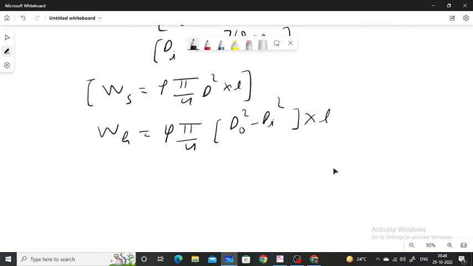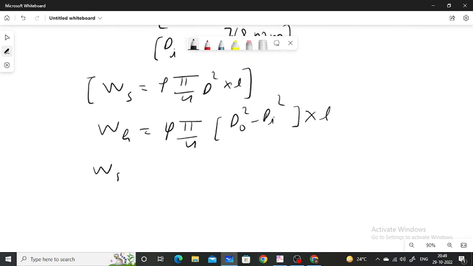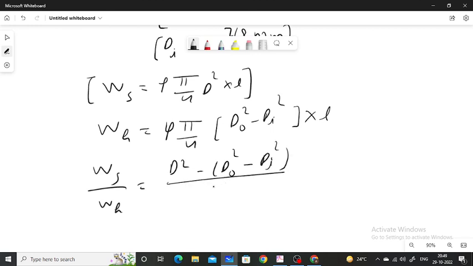Now the ratio of solid shaft and hollow shaft will be d square minus (d outer square minus d inner square) divided by d square.